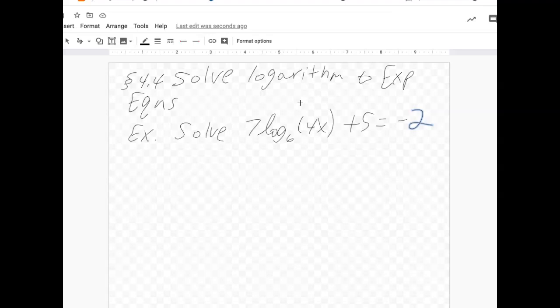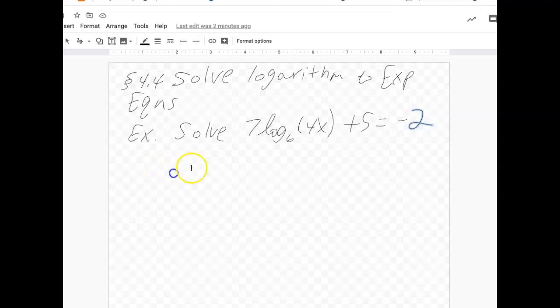And when we solve logarithmic equations, especially if there's one log, we first want to isolate the logarithm so it's a single log. We can do that by subtracting 5 from both sides and then dividing by 7.